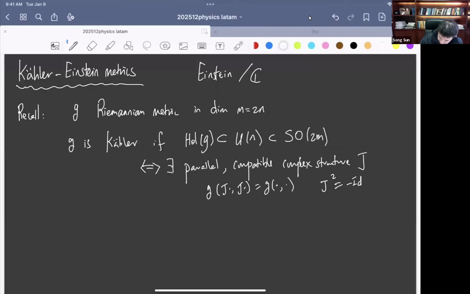And it's parallel with respect to the Levi-Civita connection defined by G. And when G and J are compatible, this induces a 2-form omega.